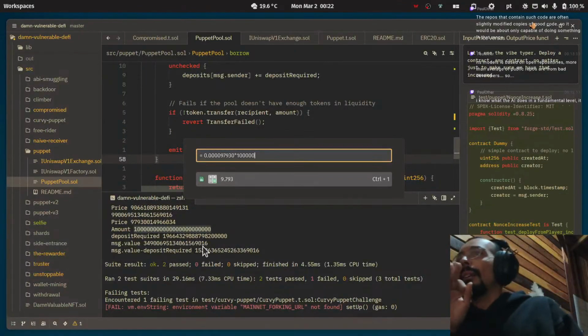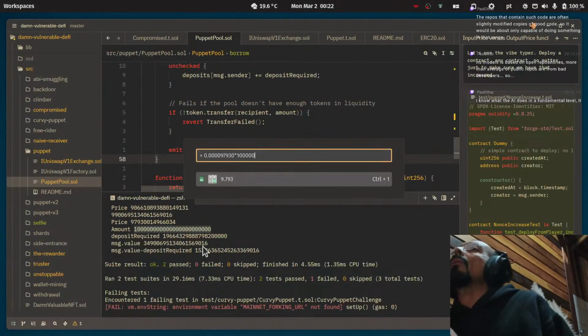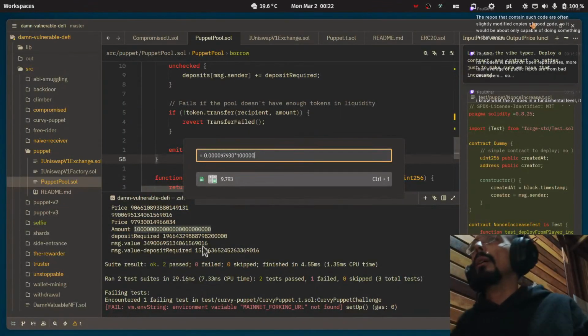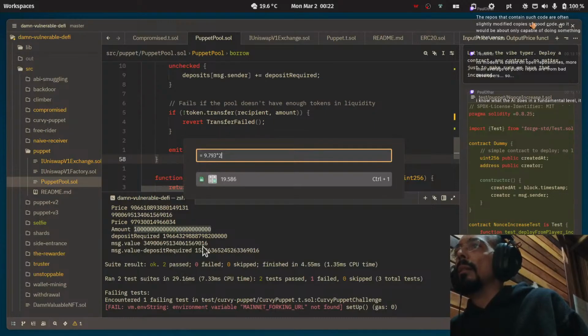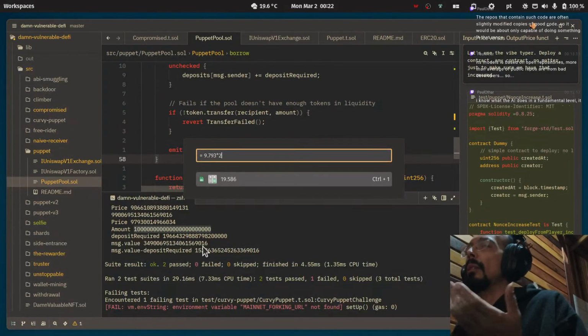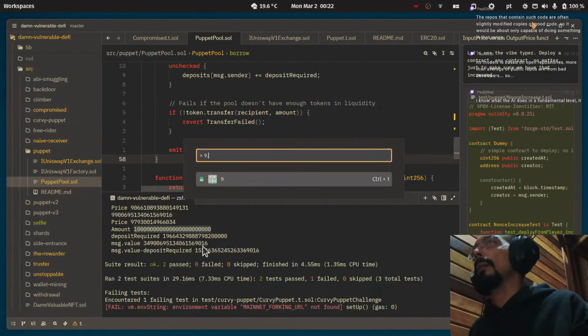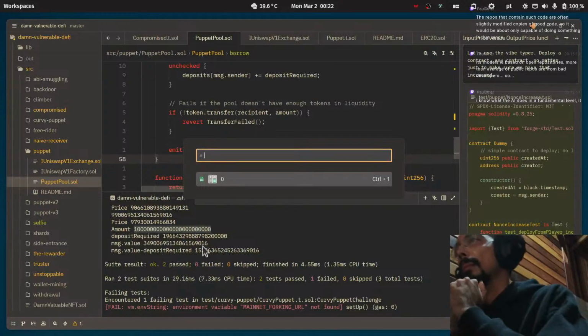So 9. Oh, yeah. I don't know how I did that. Yeah, those multiply by 2. Only this is necessary. So if I send like 20, that should be enough. Very good.